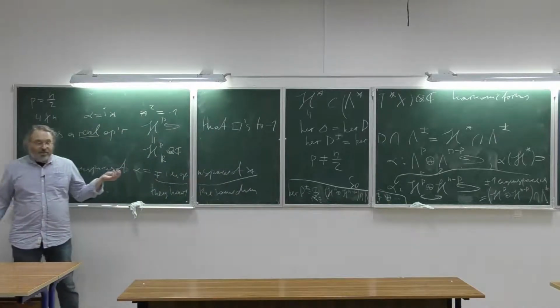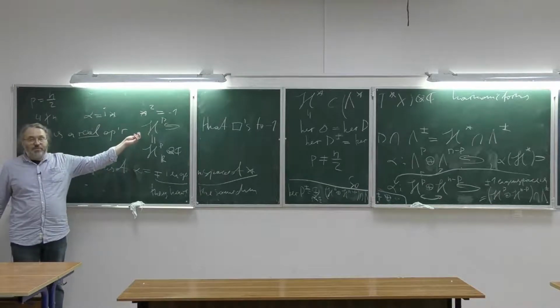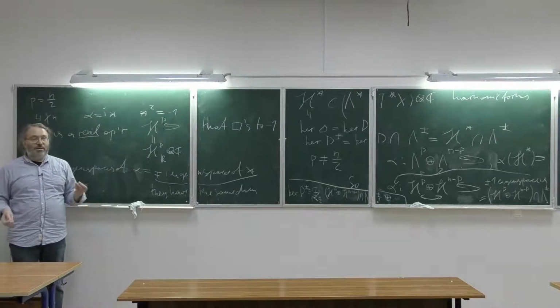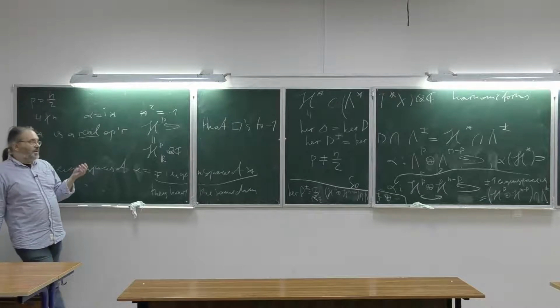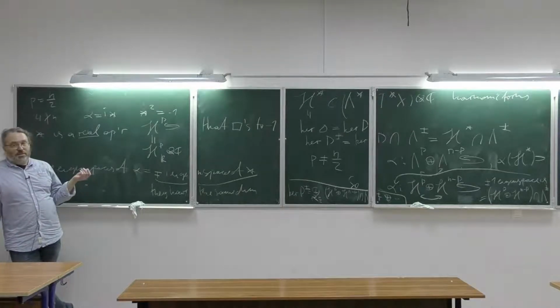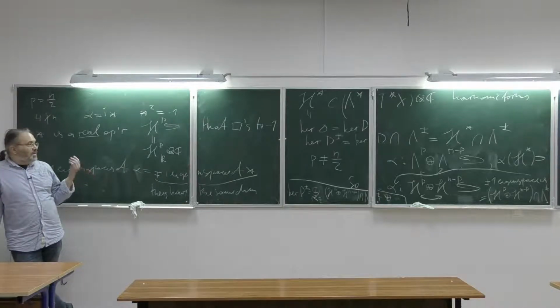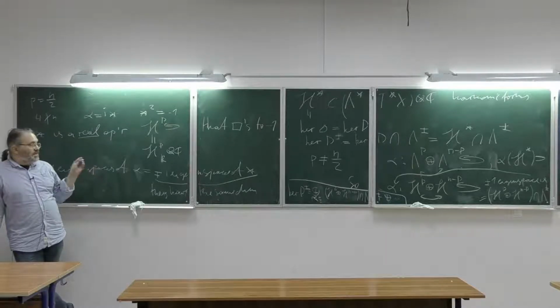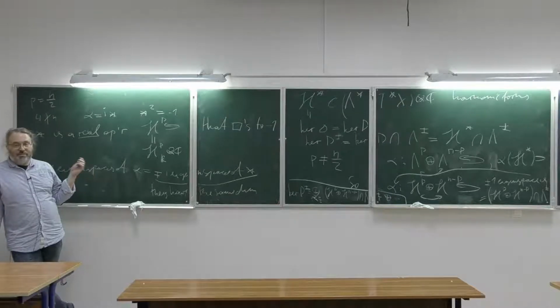Why? Well, the star is real, and we know that for a real operator, the multiplicity of an eigenvalue is the same as the multiplicity of the complex conjugate eigenvalue.